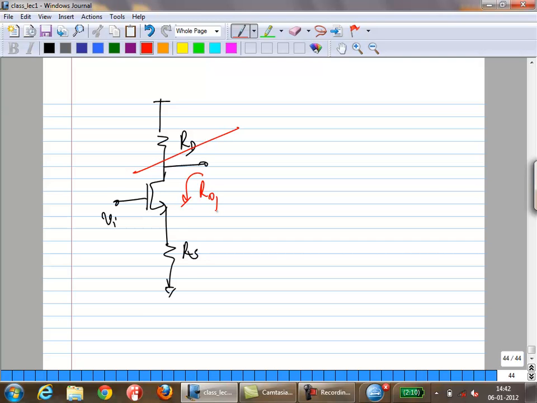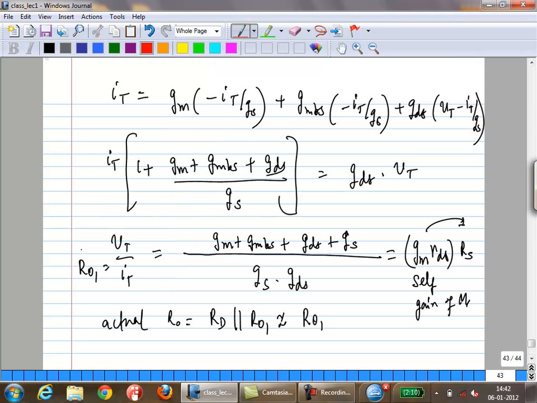What is the overall output impedance? It's R01 parallel RD, right? So what's the trouble? Oh, I see what you're saying. Yeah, you're right. Sorry, my mistake. I meant RD. R01 is much larger than RD, so it's RD in this case.